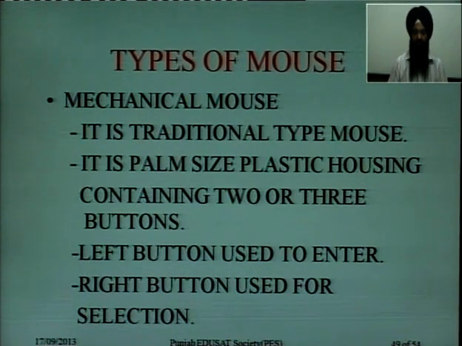The left button is used to enter and the right button is used for selection, that is, which function is to be done. A list comes up when we press the right button, and we can select or enter by using the left button. Due to its shape like a rat or mouse, this kind of device is known as mouse.